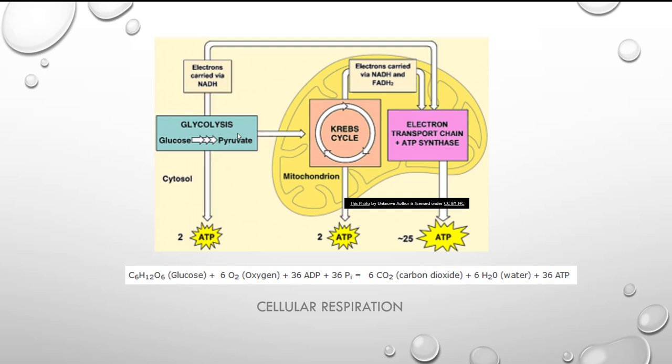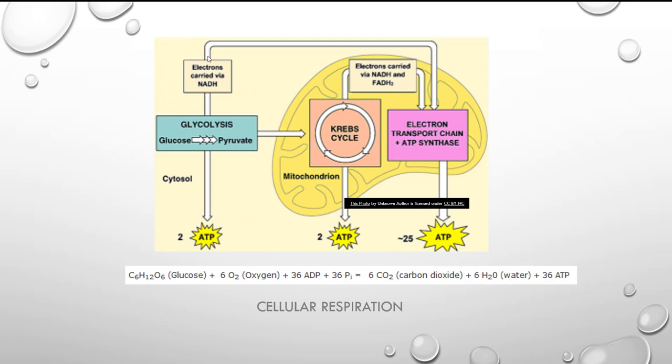And by doing so, we're extracting some energy in the form of ATP. So we get 2 ATP from that process, as well as electrons that are stripped from glucose and added to our electron carriers, NADH.